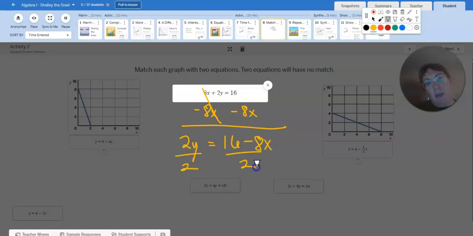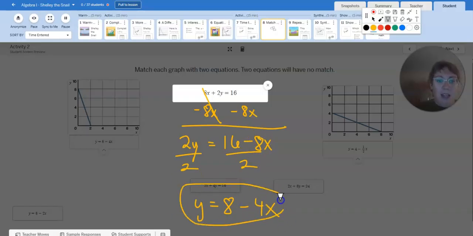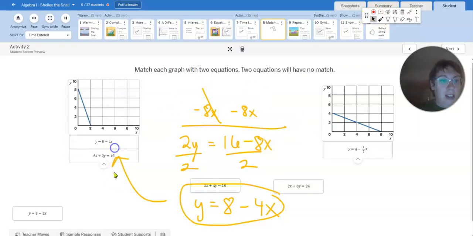Divide everything by 2, and we get y equals 8. 16 divided by 2 is 8, minus 8 divided by 2 is 4x. And that is the equation we had over here. So we can grab this equation and click it in.